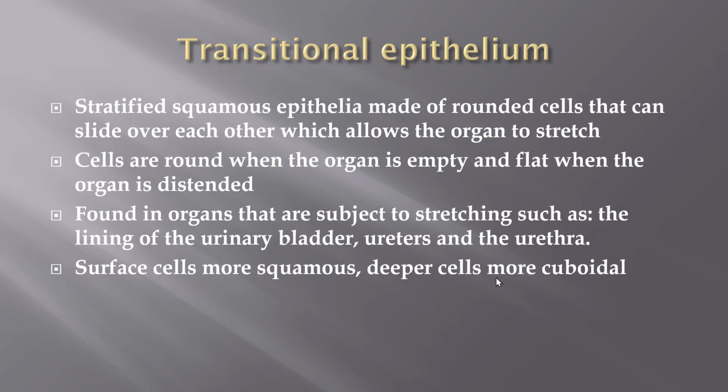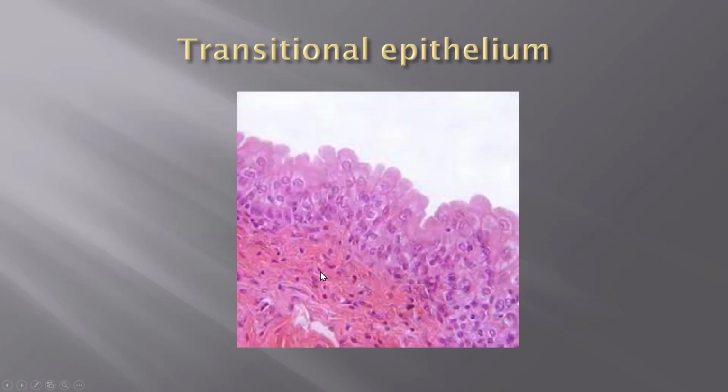When the bladder is full, it is flat. When it is empty, these cells are more round. They look more cuboidal. Okay? So you can look at it here: this is a pretty smooth edge here, and this is all kind of bumpy here. And that's how you tell the difference.